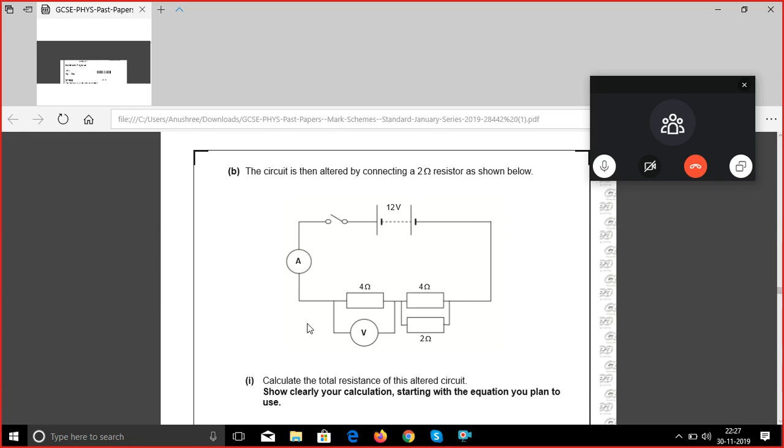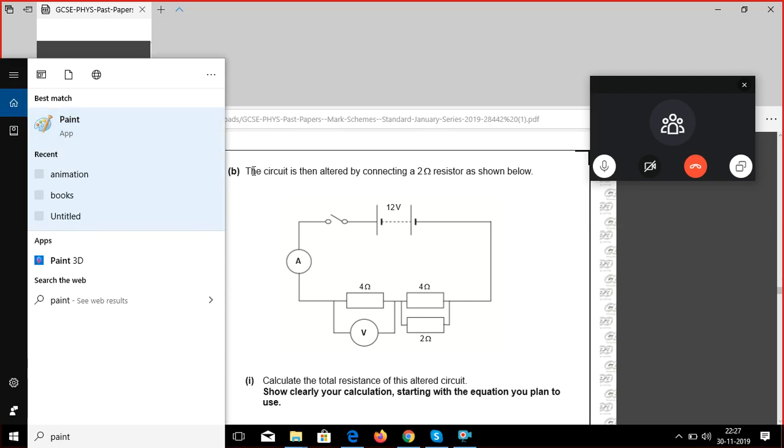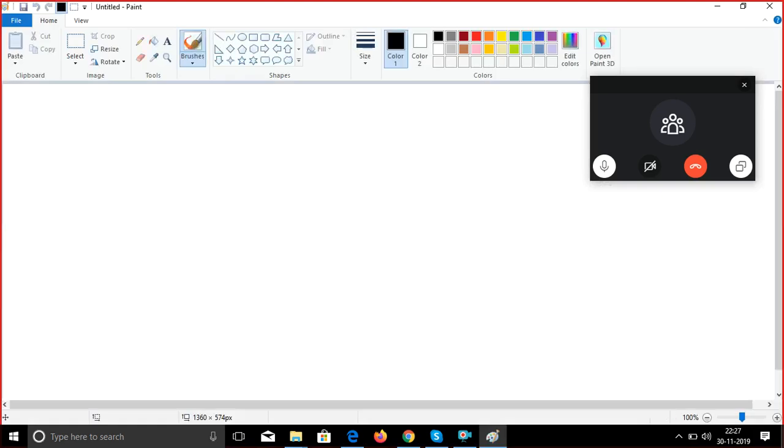Is this clear? No, not really. So let me show you this. These components are in a parallel circuit. So one resistor is this and one resistor is this. This is 4 ohm, this is 2 ohm.